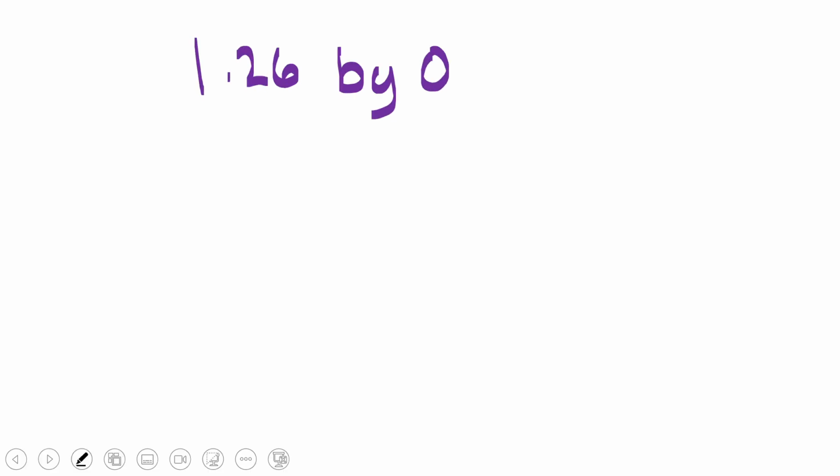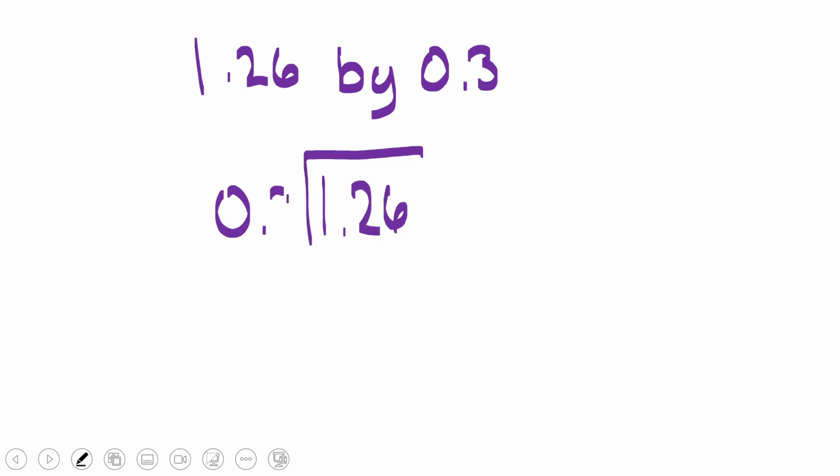If you're asked to divide 1.26 by 0.3, then 1.26 is in the house, 0.3 is outside the house, and we're going to be sure our decimal here disappears by multiplying by 10.